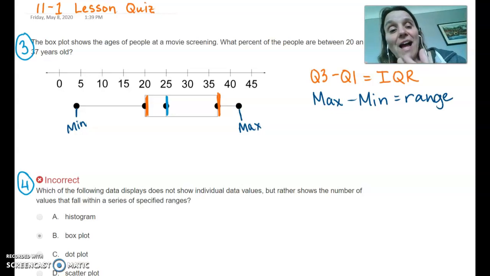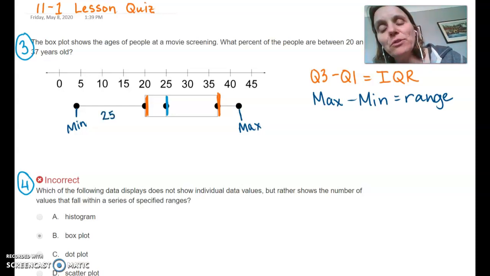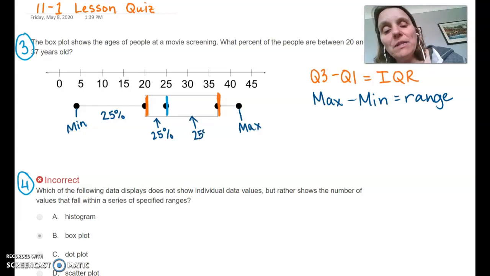Those 5 values, the minimum, Q1, the median, Q3, and the max, divide your data so that 25% of your data falls inside each region. Some regions are wider, like this one is a very narrow region, and this region is a little bit wider, but still the same number of data points falls inside each of those regions.